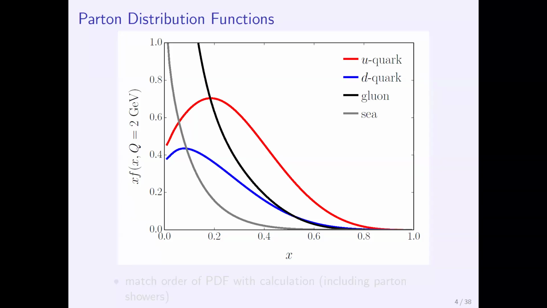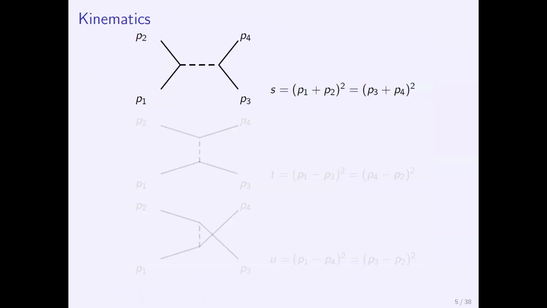For the case of PDF generators, you typically want to match the order of your PDF with the order of the matrix element that you're using. Now, that's not always the case because you can have a PDF that incorporates higher order effects that you can use for a leading order matrix element. But for the case of parton showers where you truly need a probabilistic interpretation of the PDF, then you need to use your leading order PDFs. Okay, so that's just a brief aside, but it's something to keep in mind.